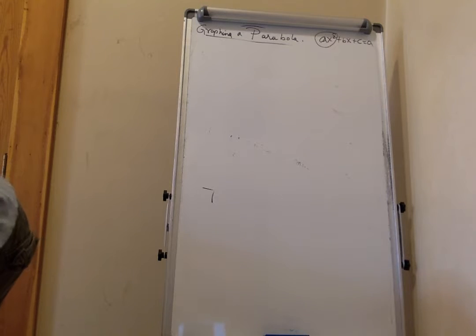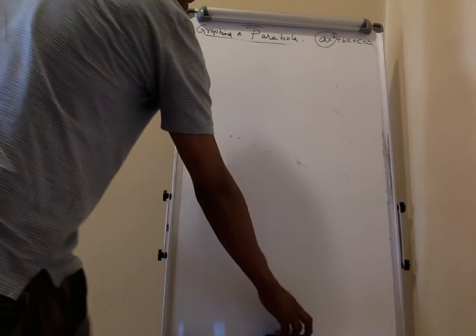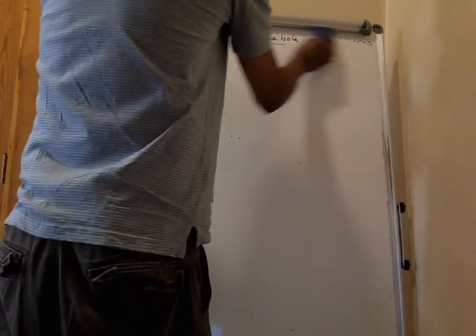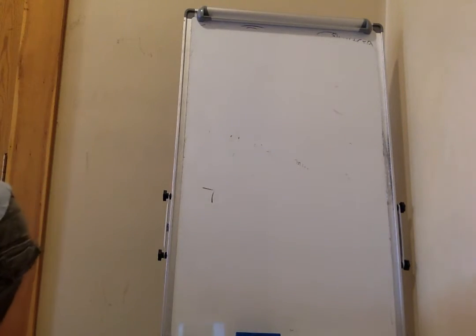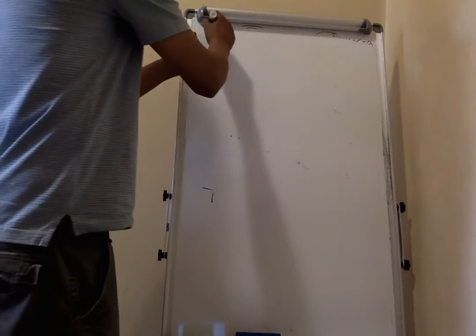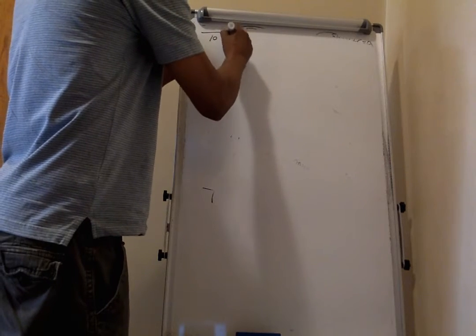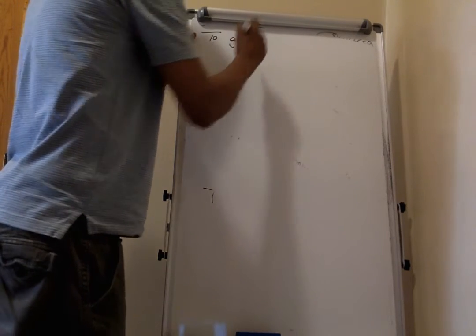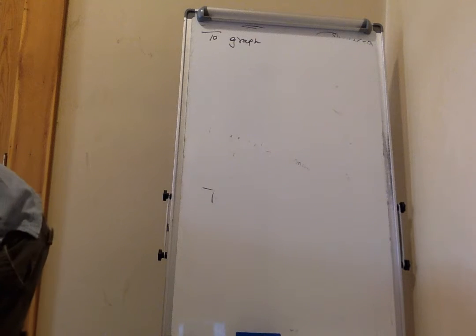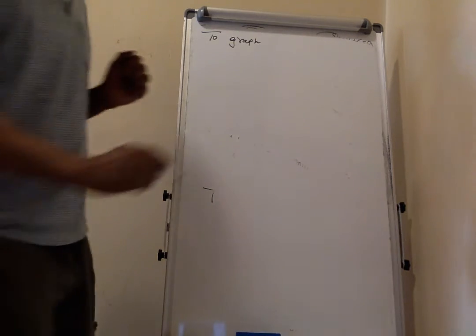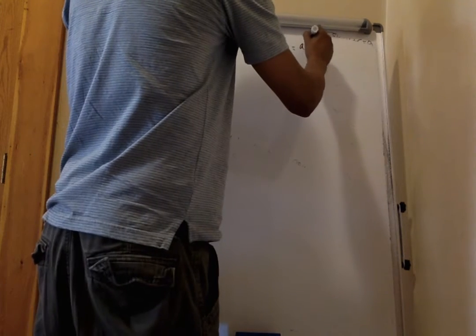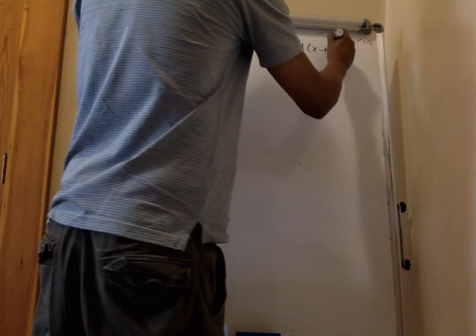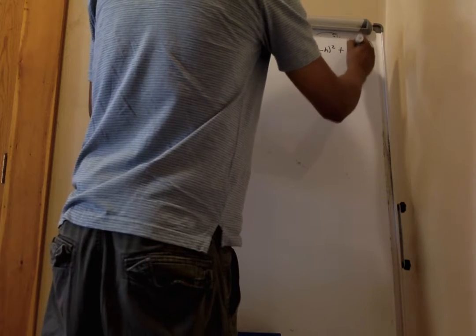Okay. So now we're going to do further exploration of this. I'm going to rewrite the definition. You're going to follow the rubric to graph f of x is equal to a times x minus h squared plus k.